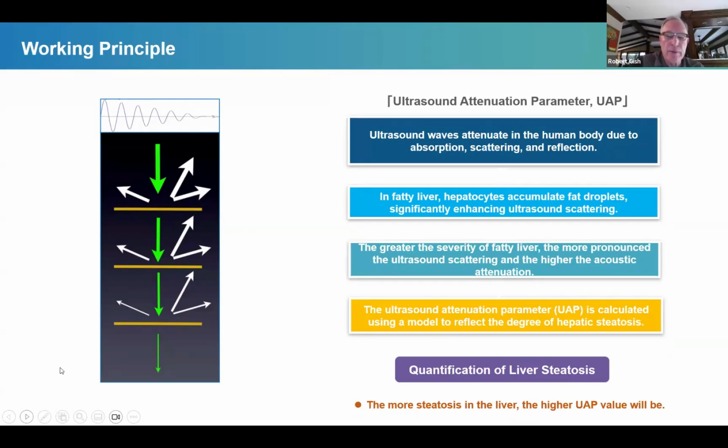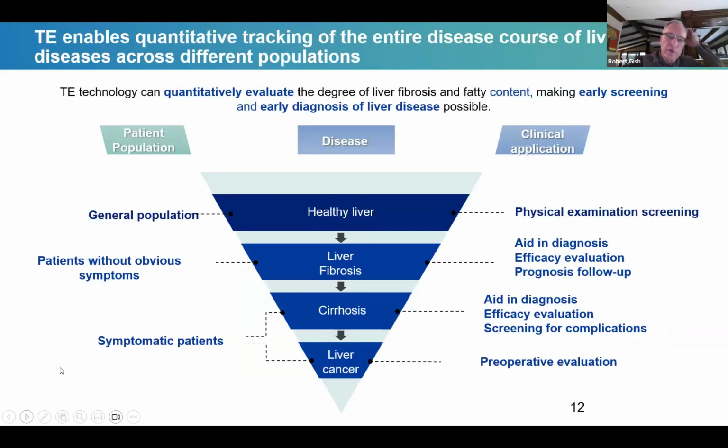PDFF is another example. And this also gives you guidance on how to intervene with your patient. So liver fibrosis and liver fat quantification are an essential part of assessing your patient in combination with physical examination and laboratory testing.